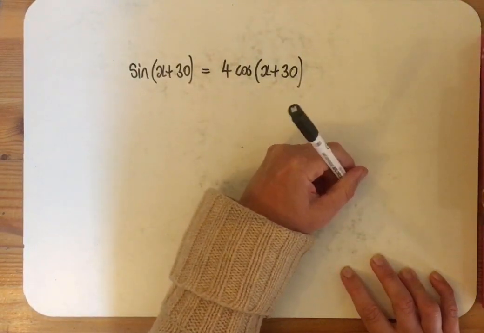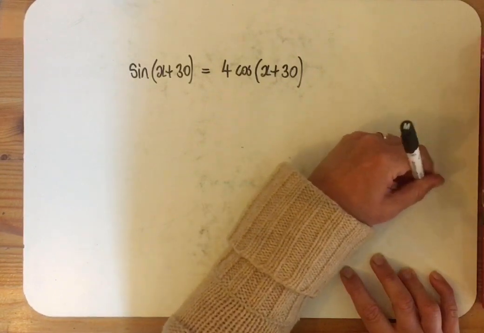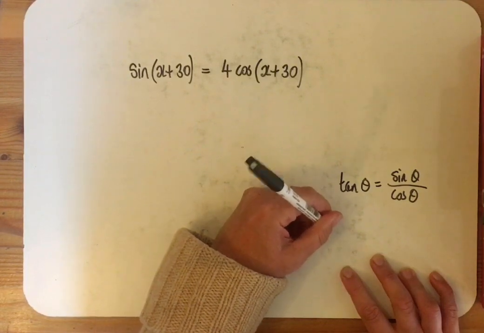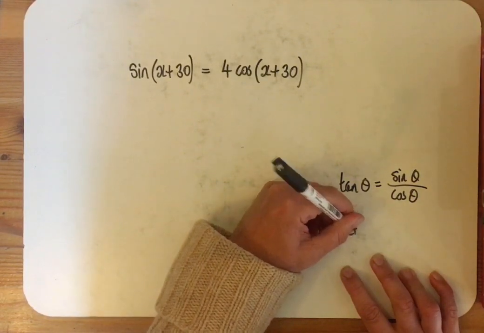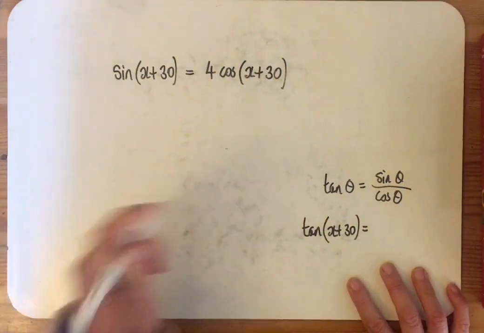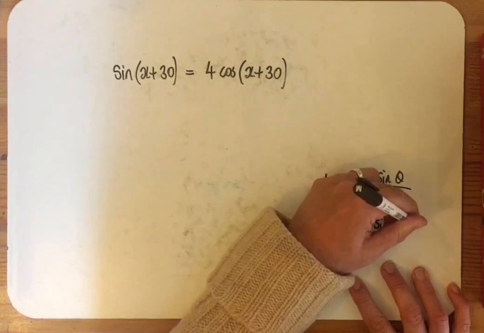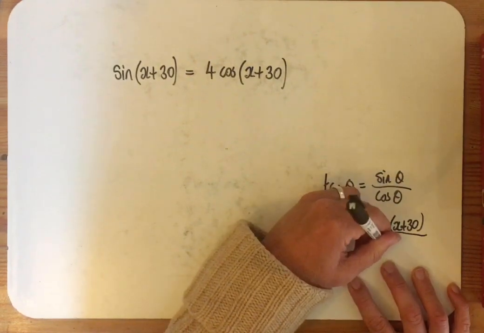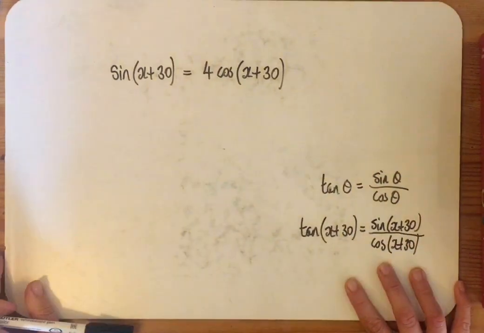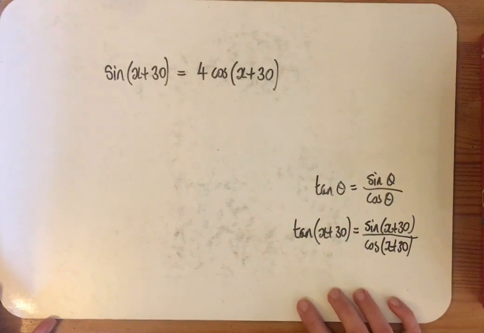So tan theta is sine theta over cos theta. If I replace theta with x plus 30, I get that trig identity. So sin x plus 30 over cos x plus 30.